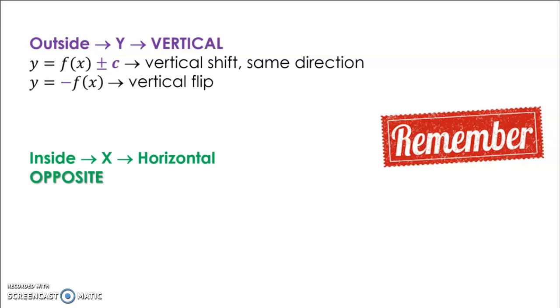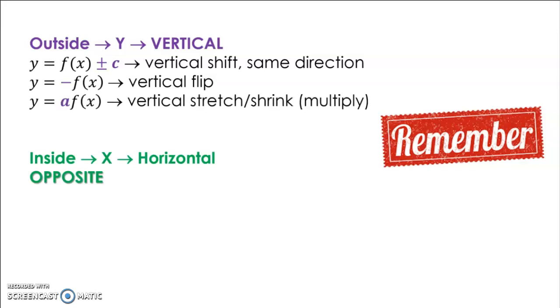A negative out front is a vertical flip, and I would multiply the y coordinates by a -1. And if I have a number out front of my function, that's a vertical stretch or shrink. It's a stretch if a is bigger than 1, a shrink if a is less than 1, and I'm multiplying the y values by that a.